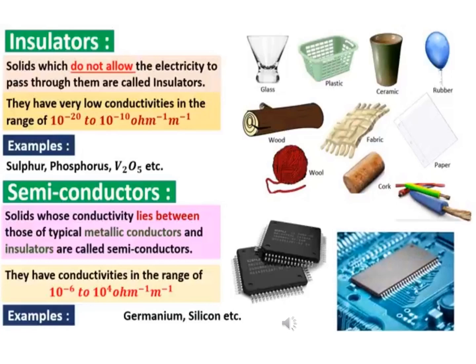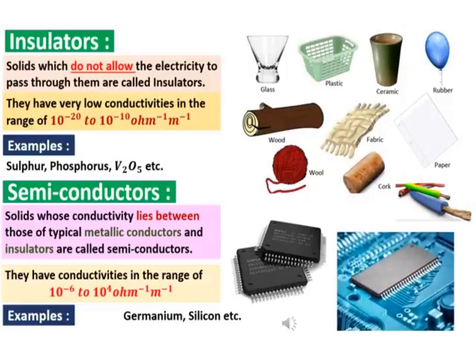So the next type is semiconductors. Materials whose conductivity lies between metallic conductors and insulators are called semiconductors.